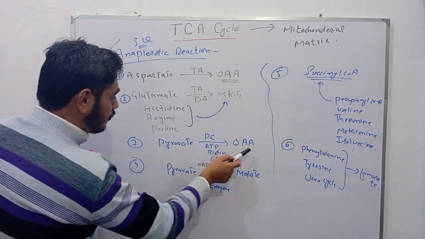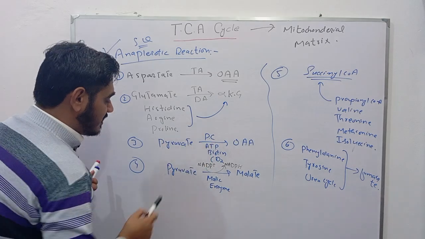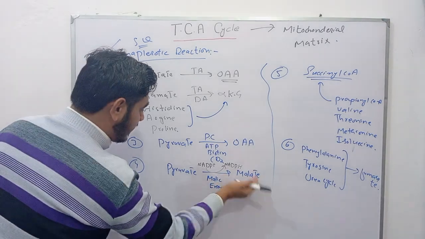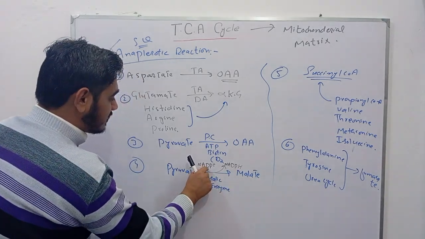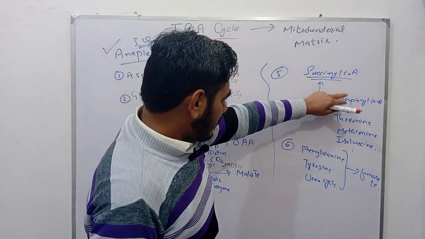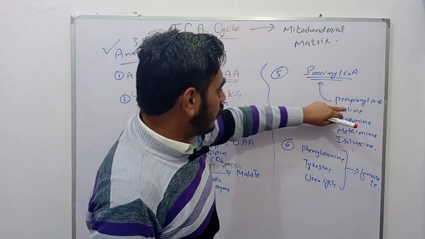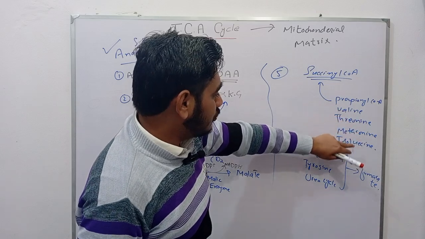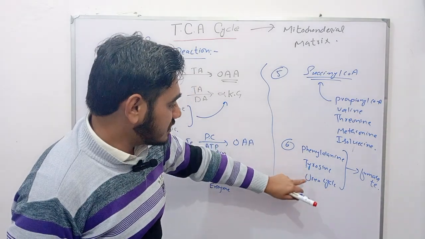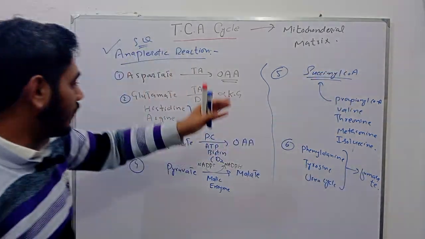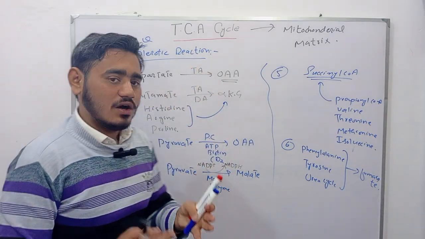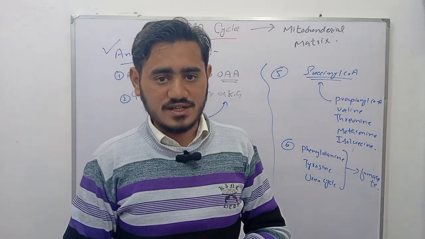The conversion of pyruvate into oxaloacetic acid with help of pyruvate carboxylase enzyme, which requires ATP, biotin, and carbon dioxide, and conversion of pyruvate into malate with the help of malic enzyme, which requires NADP plus, which converts into NADPH, and succinyl-CoA. Succinyl-CoA is formed from propionyl-CoA, valine, threonine, methionine, and isoleucine. And fumarate is formed from the phenylalanine, tyrosine, and urea cycle. And fumarate, succinyl-CoA, oxaloacetic acid, alpha ketoglutarate, and malate, they all are intermediates of TCA cycle.